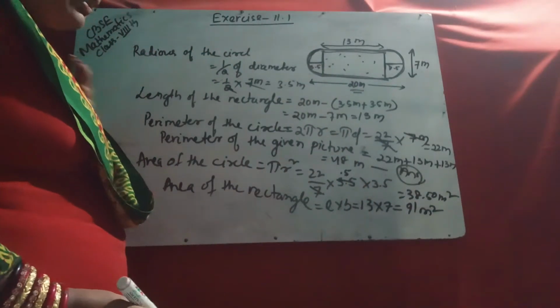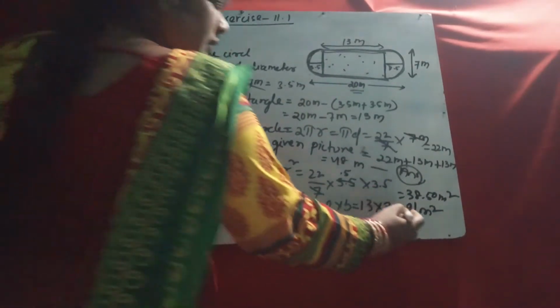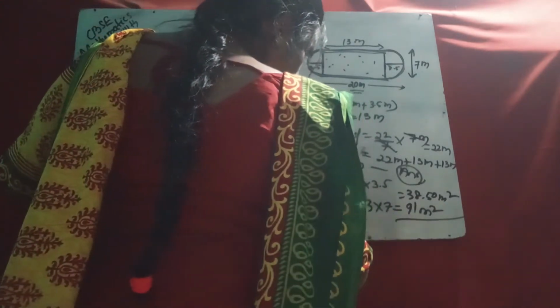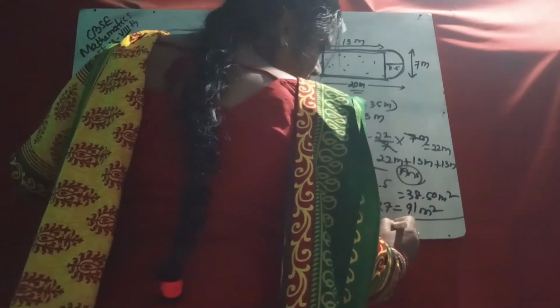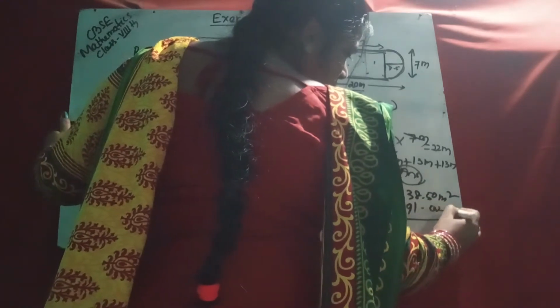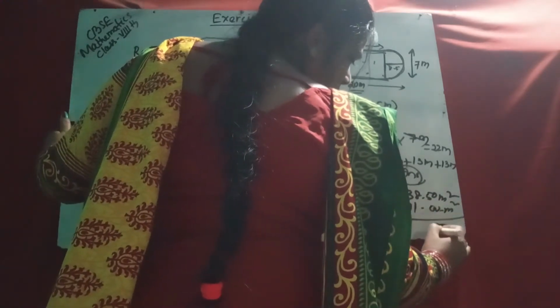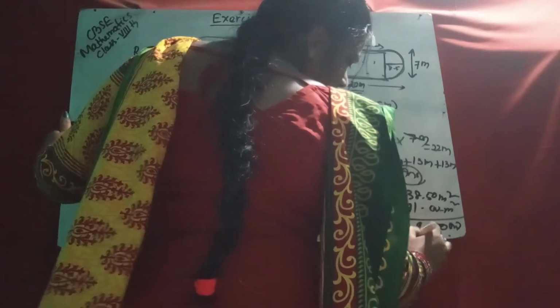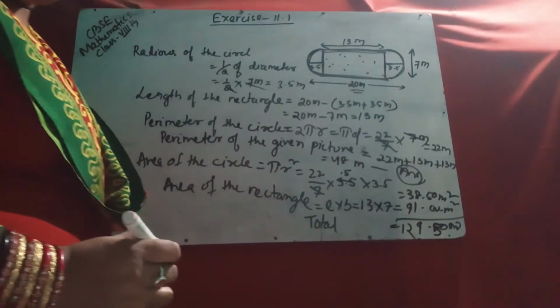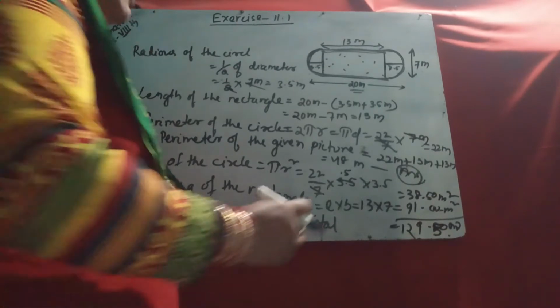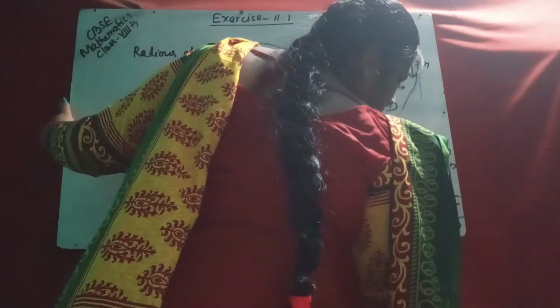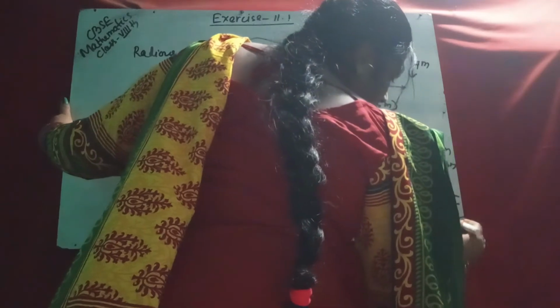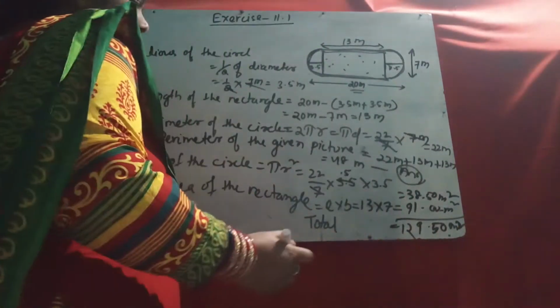Okay, so 91 meter square. So the total equals, you add here, 91.00 meter square plus 38.50 meter square, that is 129.50 meter square. Okay, this is the second answer.